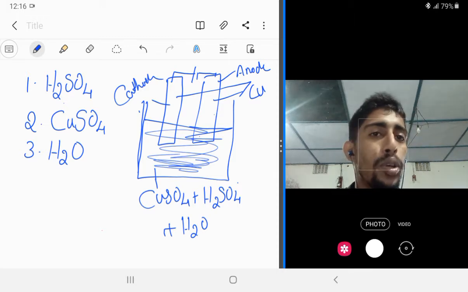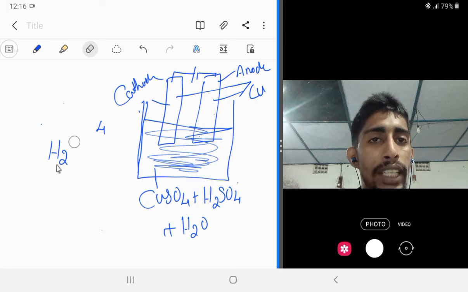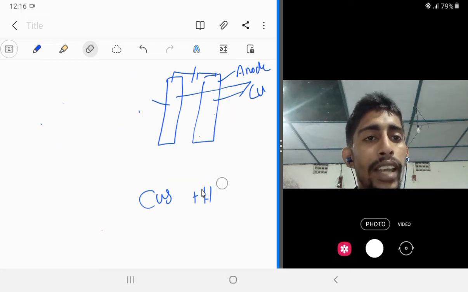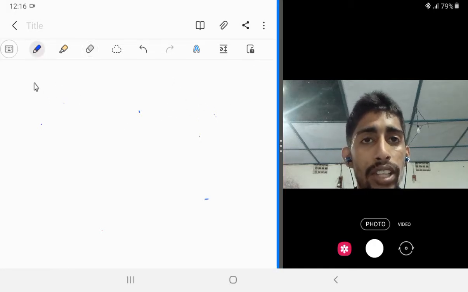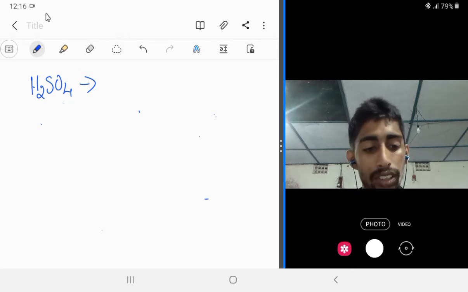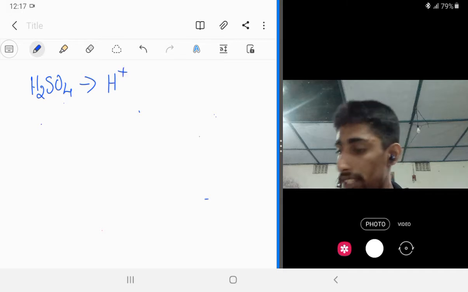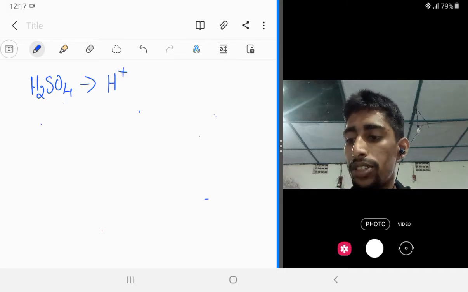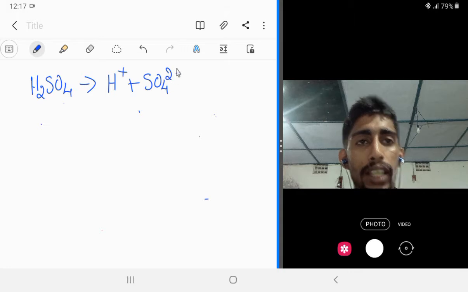As usual, when we pass electricity through the electrolyte, sulfuric acid will dissociate as H plus and SO4 2 minus.